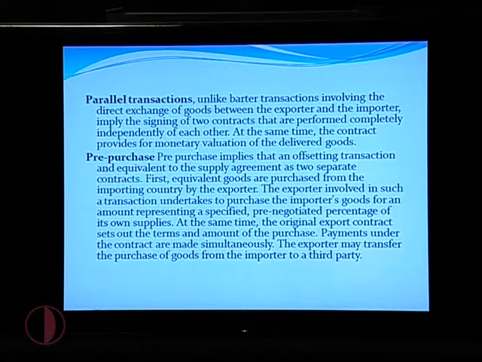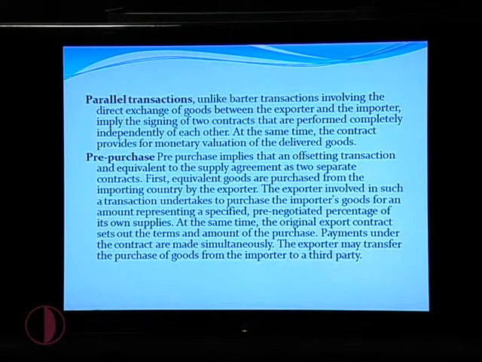Next one is pre-purchase. Pre-purchase implies an offsetting transaction and an equivalent supply agreement as two separate contracts. First, equivalent goods are purchased from the importing country by the exporter. The exporter involved in such a transaction undertakes to purchase the importer's goods for an amount representing a specified pre-negotiated percentage of its own supplies.